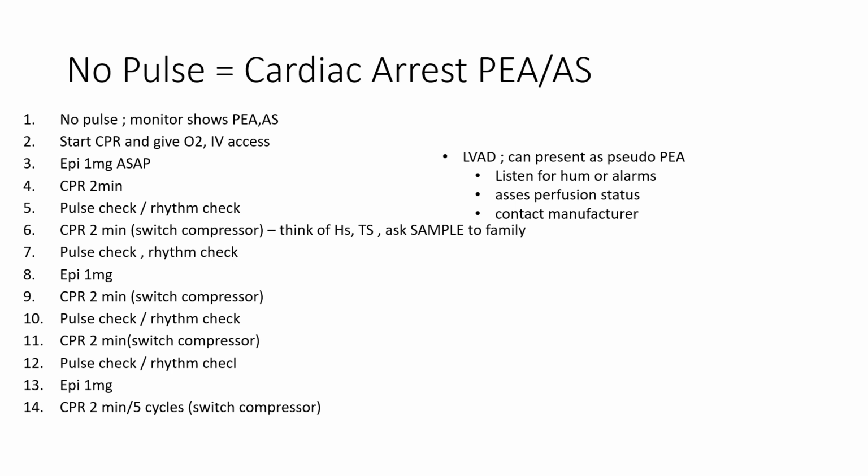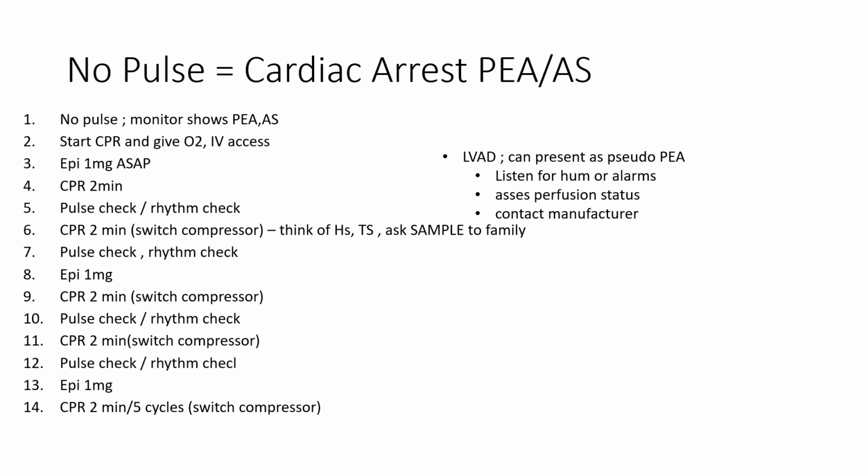You're just doing CPR. So you give epi 1 milligram, you do CPR for 2 minutes, pulse check, rhythm check, you're still doing that before every cycle of CPR. So pulse check, rhythm check, CPR for 2 minutes, make sure you switch your compressors, and then you continue.